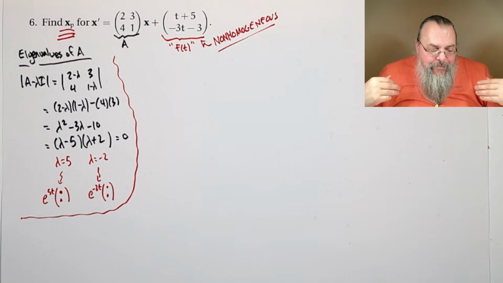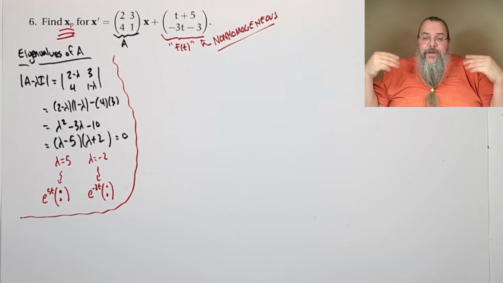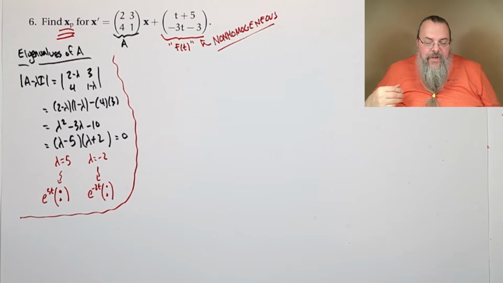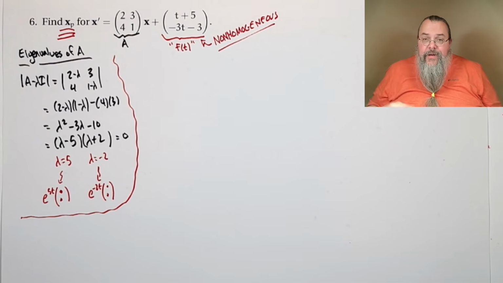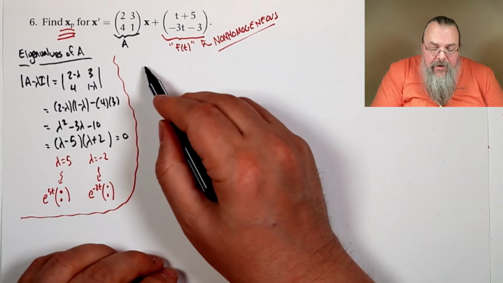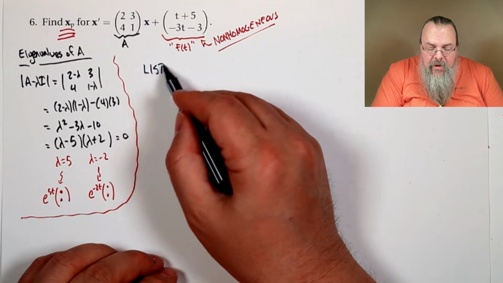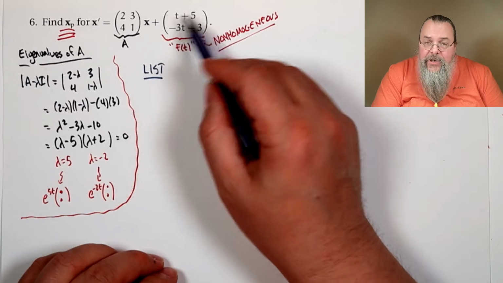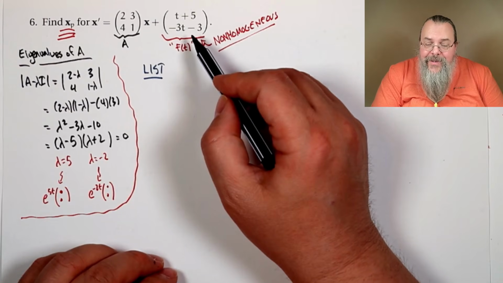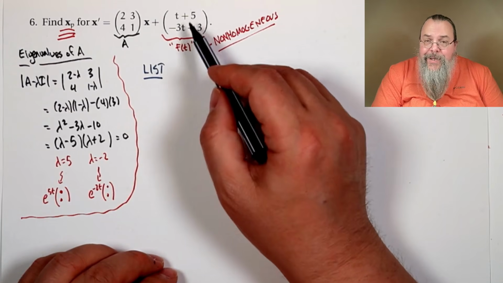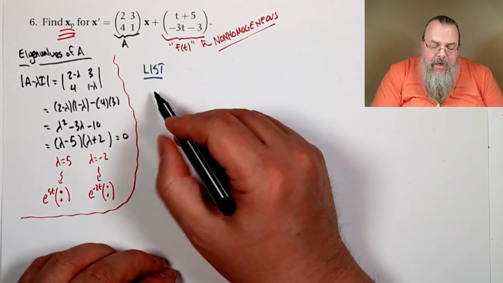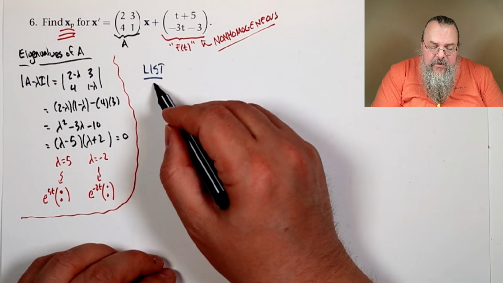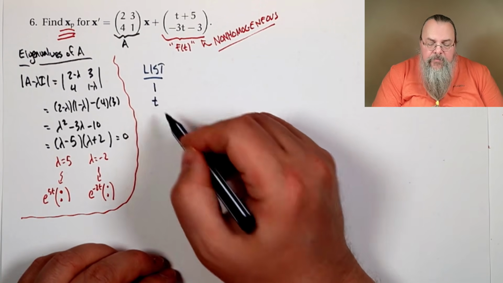Taking our mindset back to what we were doing in the previous part of the course. And so we're going to make a list, a very simple list. What functions are involved in this f of t? Well, f of t has two types of functions, namely constants and t's.